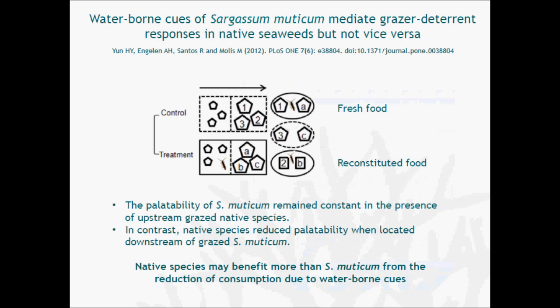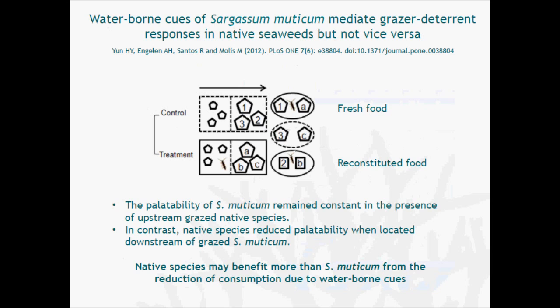So the water circulates from here to there. The water is flowing along the aquariums, and there is a net here. So the water goes from this plant to this plant. And we can put whatever species we want here, like Sargassum muticum or other species, and here we can put Sargassum muticum or other species.